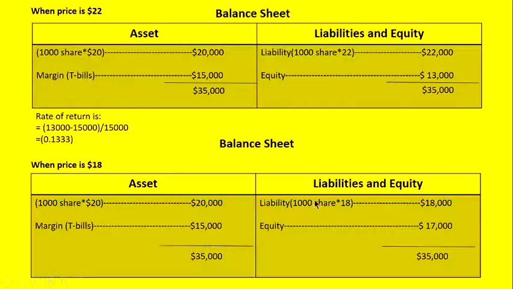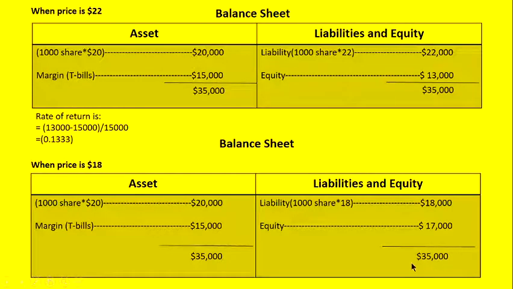On the liability side, 1,000 shares times $18 is $18,000. Your liability is going down. On the equity part, you have to do some calculation. On the asset side you have $35,000. On the equity side, to make the total equivalent, you have to put $17,000 to make $35,000.